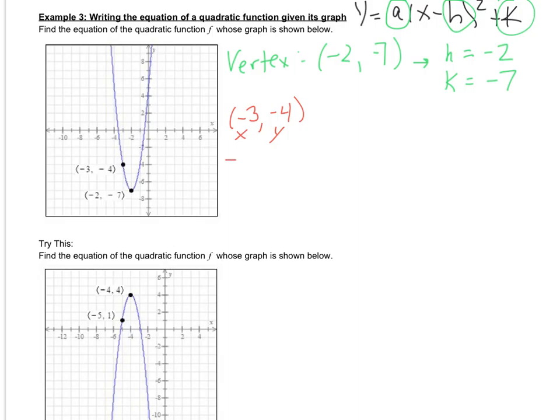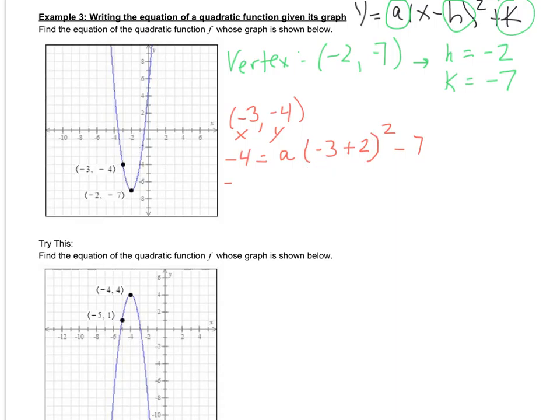And I get -4 equals a, the one I don't know, times x, which is -3, minus my h value of -2, which becomes plus 2. That whole thing is being squared. And then plus my k, which is -7. Order of operations tells me I have to work inside my parentheses first. So -3 plus 2 gives me -1, and that's being squared.